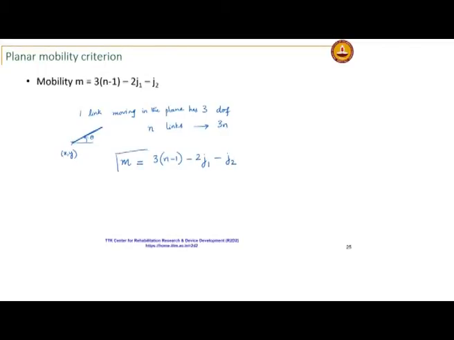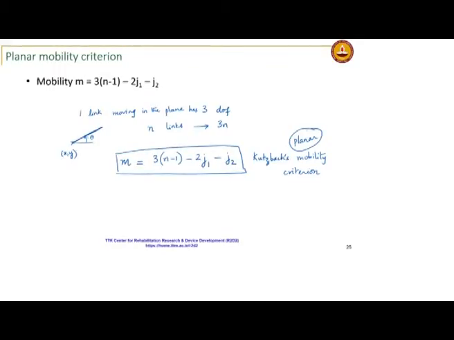This is how I get the mobility criterion, called Kutzbach's mobility criterion, and this is the planar mobility criterion. We will come to the spatial criterion later, because we are starting off by assuming that it has only 3 degrees of freedom in the plane.